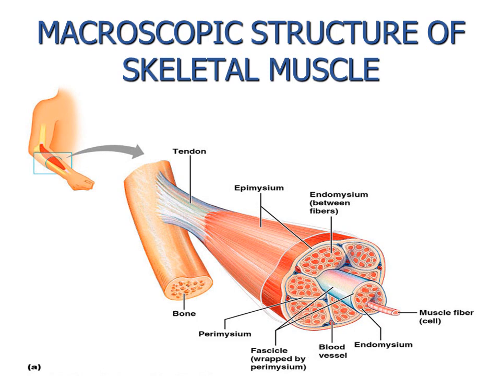Okay, so consider your bicep muscle. Now, if we were simply to remove the skin of your upper arm and tease out and dissect out the bicep muscle, we would see that the bicep muscle itself is covered by a connective tissue layer. And in muscles, we call that connective tissue layer the epimysium.